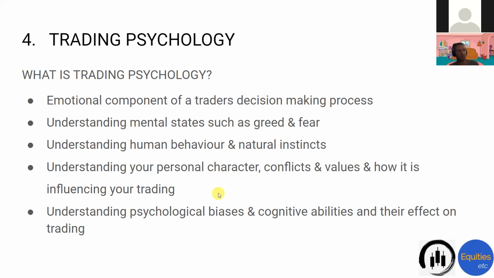What's supportive of your trading and what is not. In general, understanding human behavior and natural instincts, which very often go completely against what you should do in the market. That's also why some of the opposite bias traders are doing so well, if you know how to apply it.